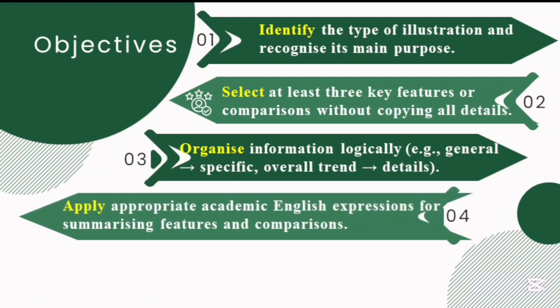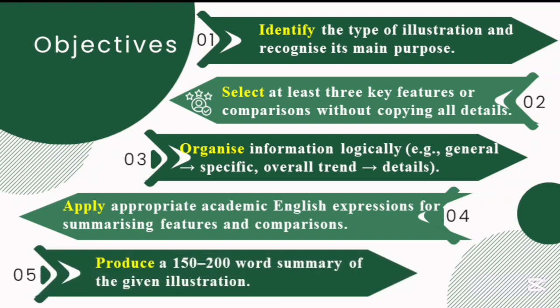Then apply appropriate academic English expressions for summarizing features and comparisons in an illustration, not only a table, not only a diagram, but varying illustrations. Finally, you will be able to produce a 200-word summary of the given illustration, of any illustration in fact.